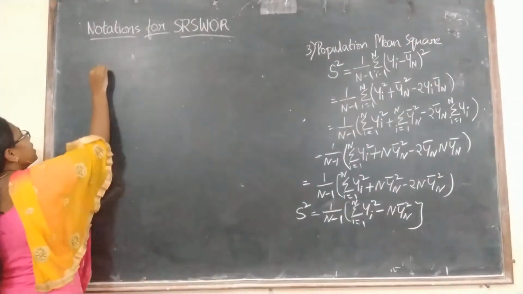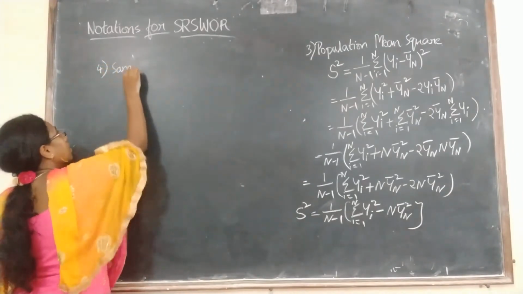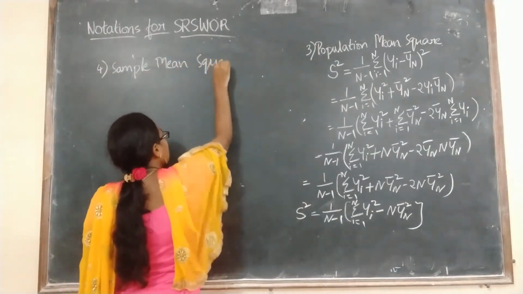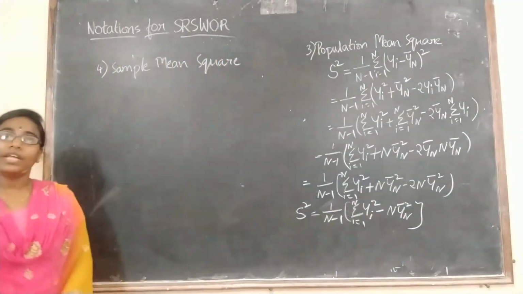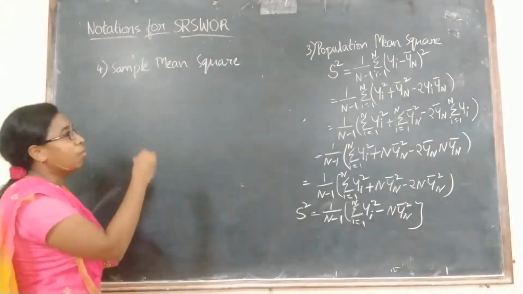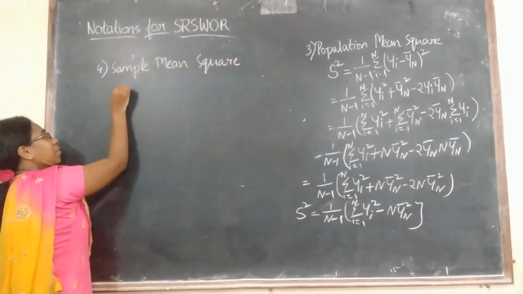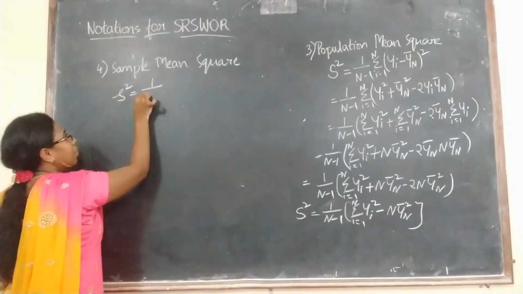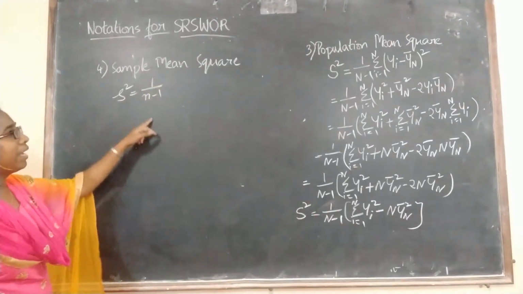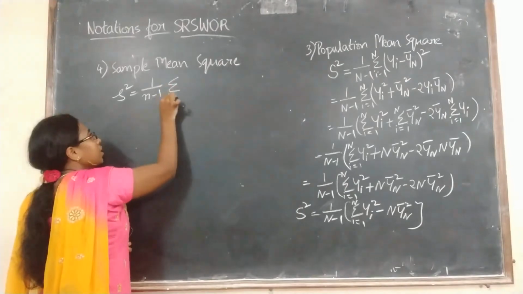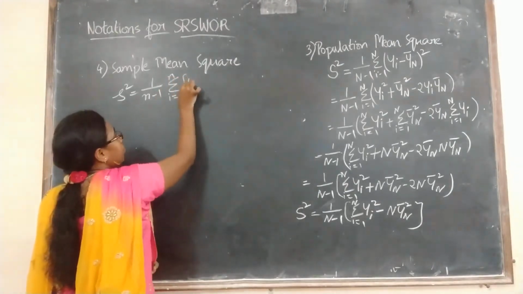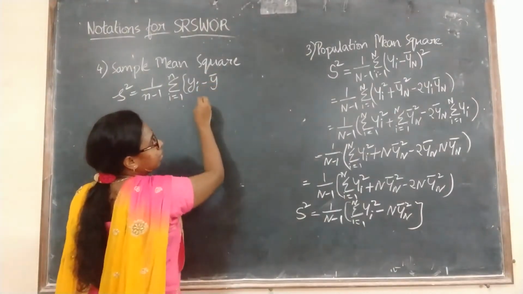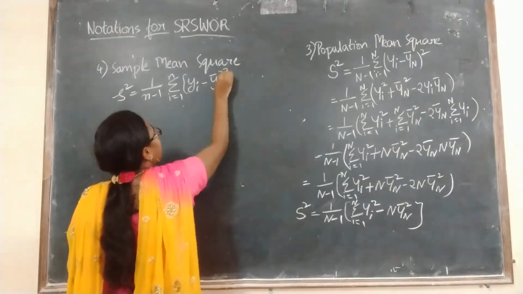So next is sample mean square. This sample mean square is denoted with small s square. Population means you will write capital, sample means you will write small. So small s square equals 1 by, same formula, in place of capital N you will write small n: 1 by n minus 1 summation i equals 1 to n, small yi minus y bar, whole square.